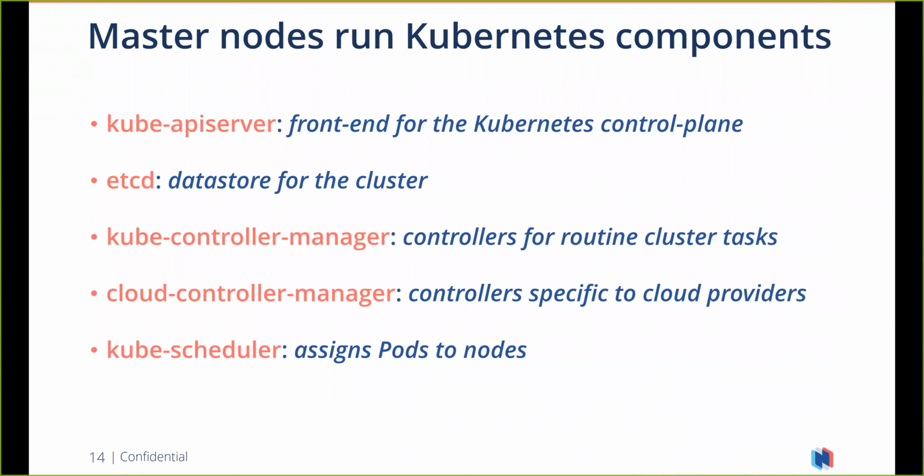All of these are running as controllers, as control loops really, within this controller manager. There's also another controller manager which is specific to cloud providers, and this was split out of the main controller manager for modularity, so it can be upgraded and managed separately.